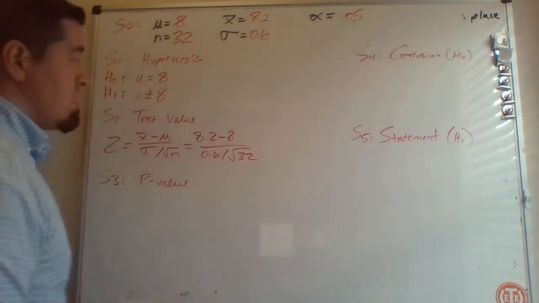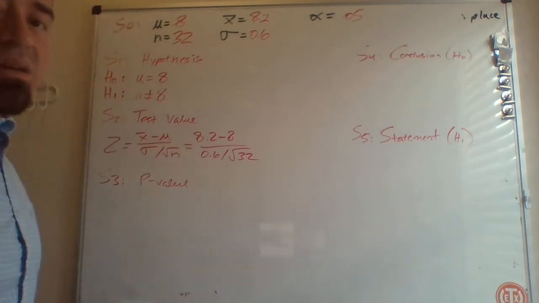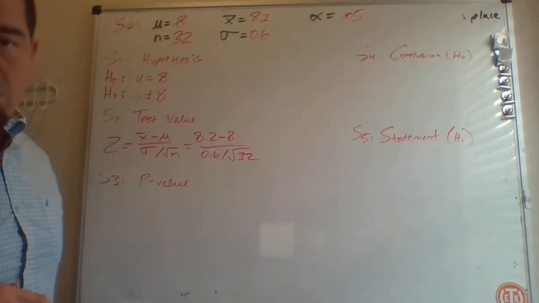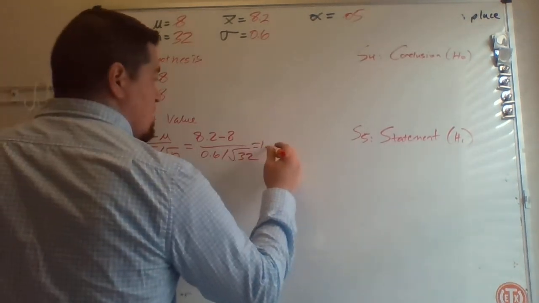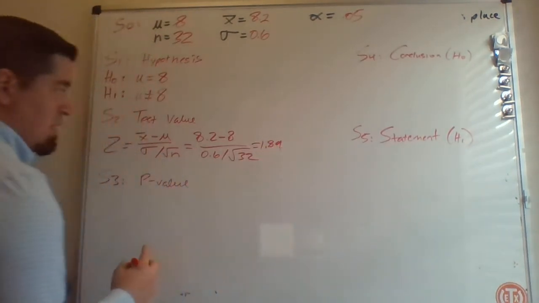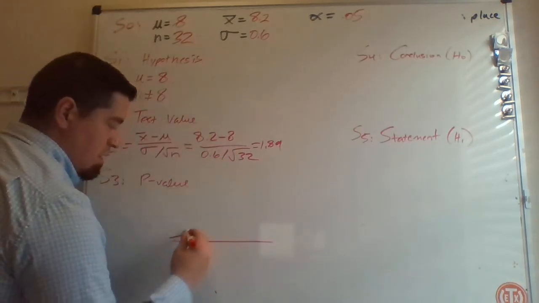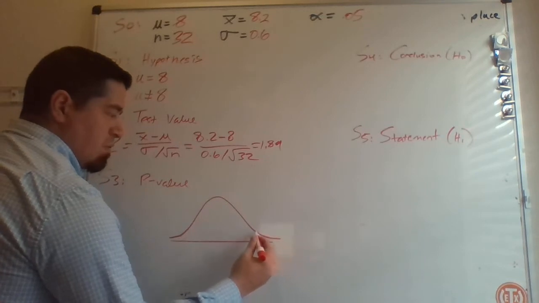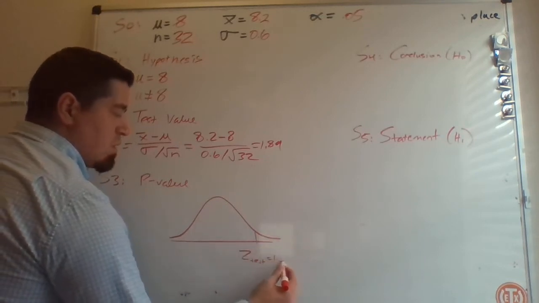Here our solution is going to be 1.89 for our test value. Once we get our test value, then I'll draw my normal curve here. 1.89 is somewhere out here, so z-test is 1.89.